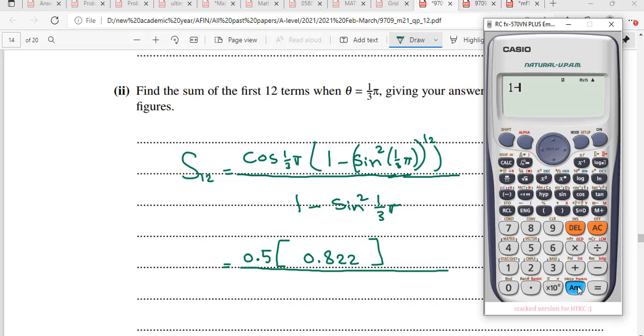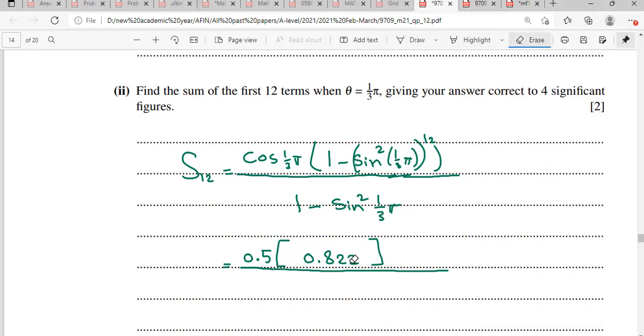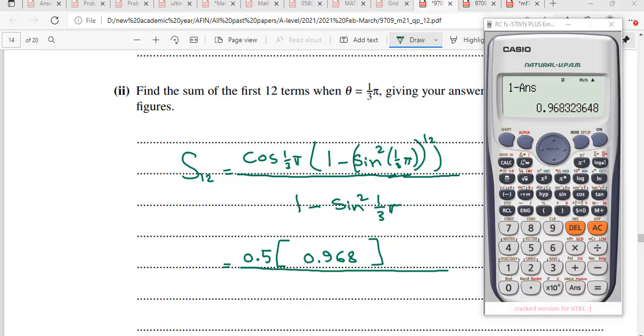Then 1 minus the last answer is 0.968. So this is 0.968. That's why I told you it's better to give it a step. Don't enter all of it into the calculator and get one final answer at once.